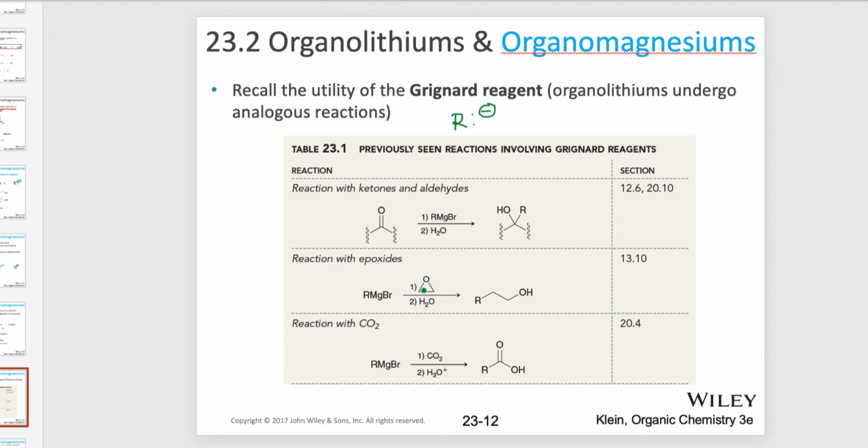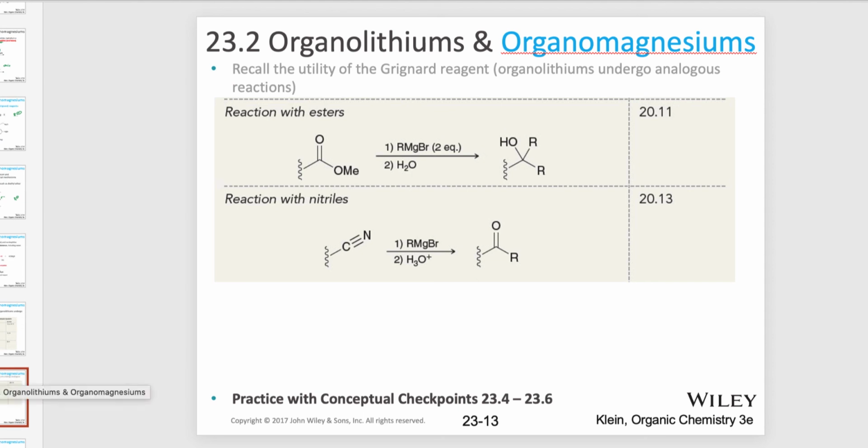We also can utilize this very strong nucleophile to open up an epoxide, especially a symmetrical epoxide. It doesn't matter which side is opened up, and we are integrating two more carbons in the structure. So the epoxide is used to elongate the chain by two carbons, and this was discussed in chapter 13. We can also see reactions with CO2 that then lead to carboxylic acids.